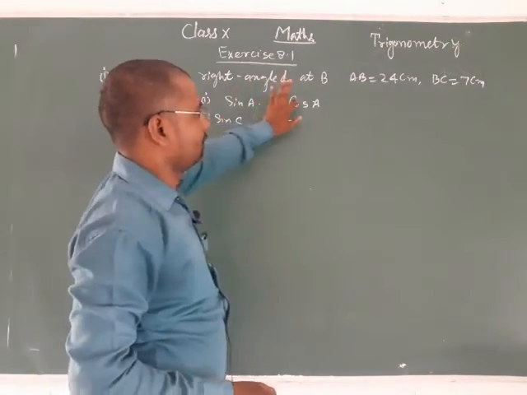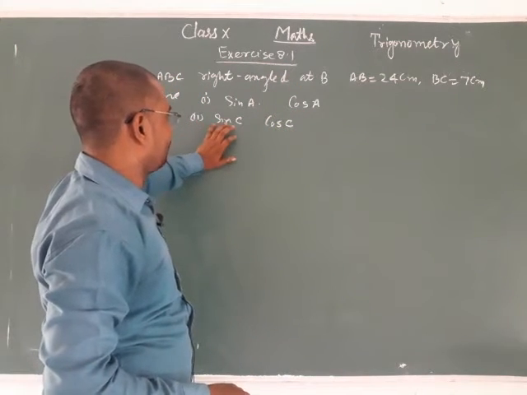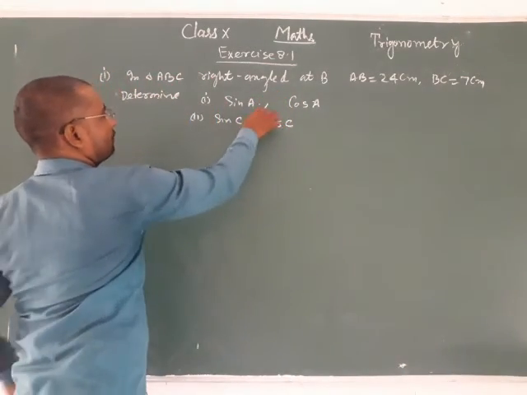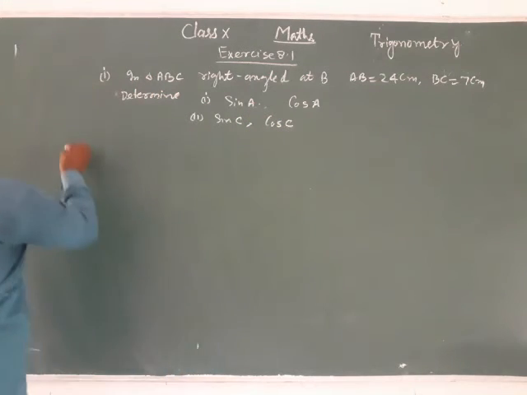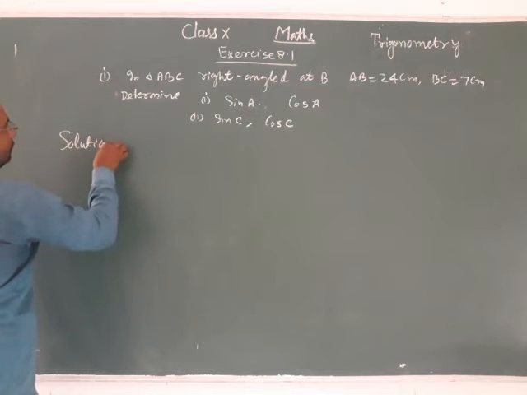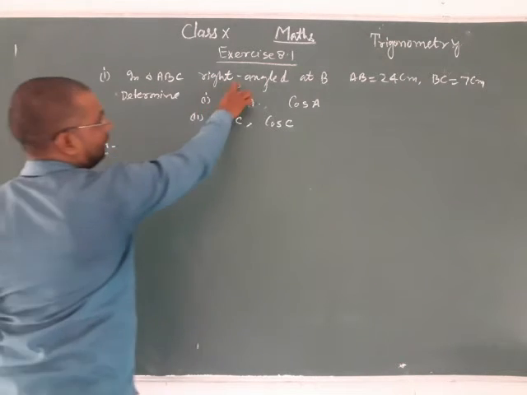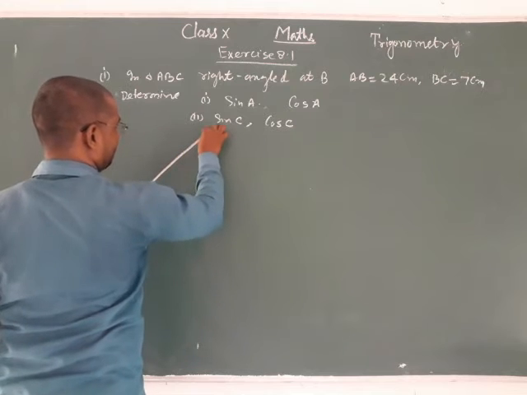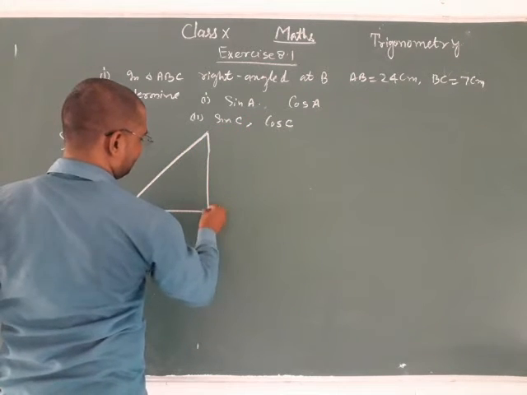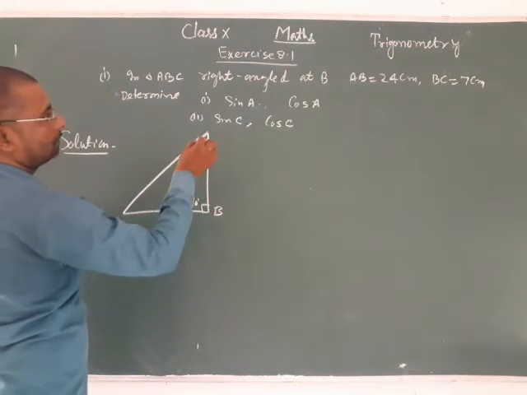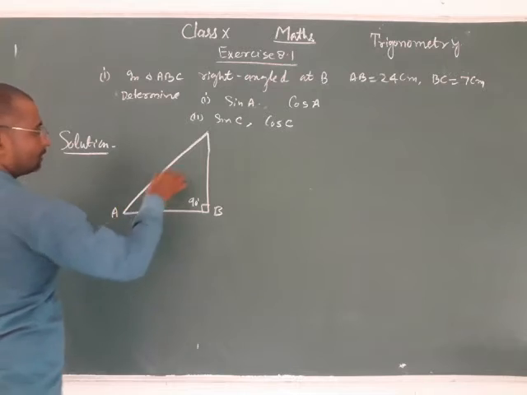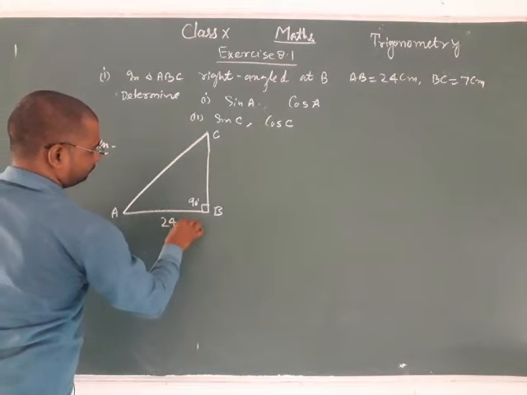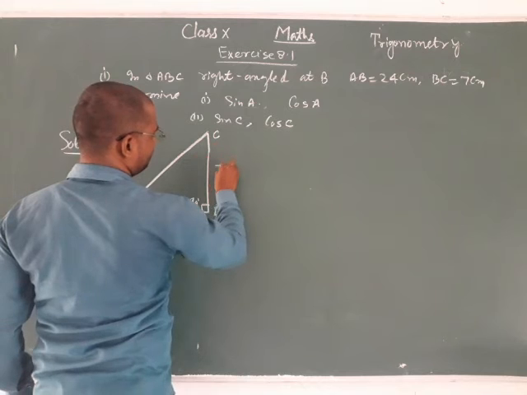Determine sin A, cos A, and also sin C, cos C. Now the solution: draw a right triangle at B, 90, with angles A and C. AB is 24 centimeter and BC is 7 centimeter.